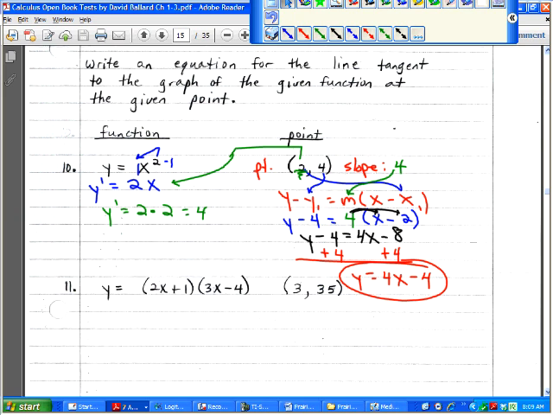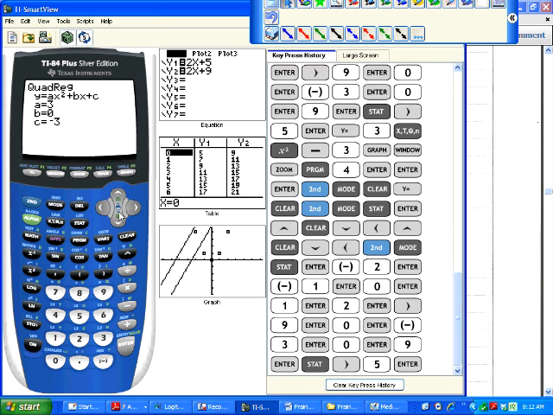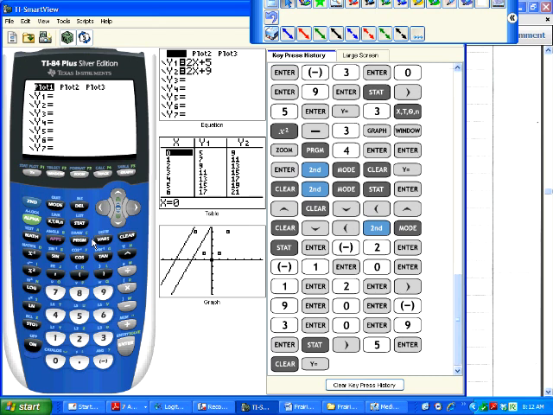Let's graph that just to see what we have. I'm going to go to the graphing calculator. Let me clear this out. Clear my y equals. I'm going to go to y equals, it was x squared, right? Y equals x squared would be the graph of the original quadratic.